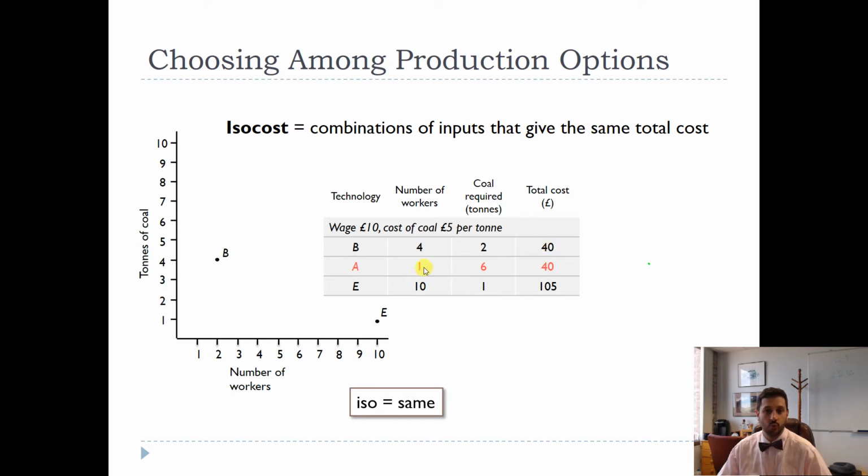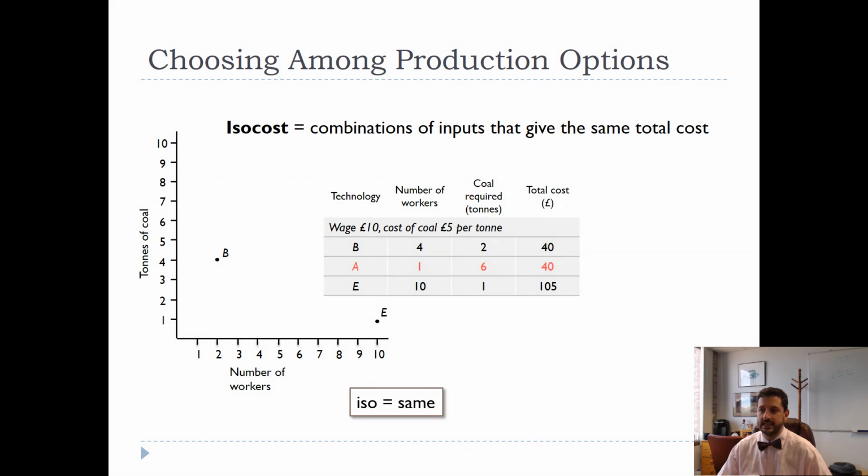A costs 1 times 10 is 10, 6 times 5 is 30, that's 40. And then E, 10 times 10 is 100, plus 5 is 105. So A, in this case, is our low-cost provider. So we can cross out that 40 because that should really be 50. So no worries. All right.